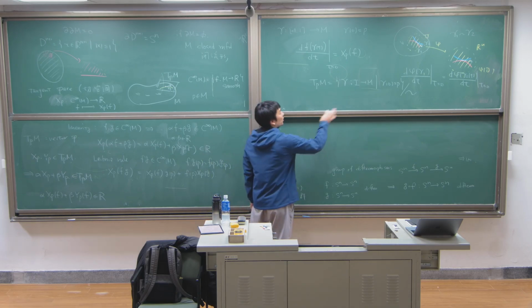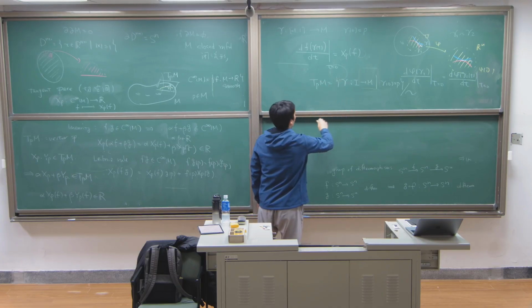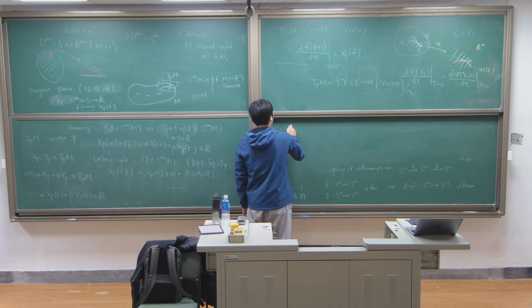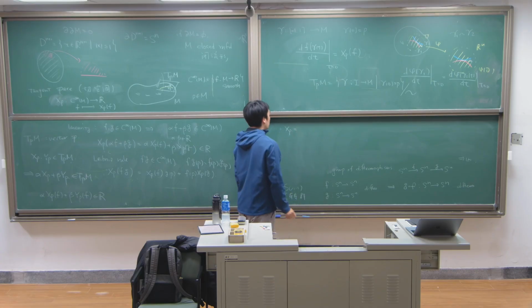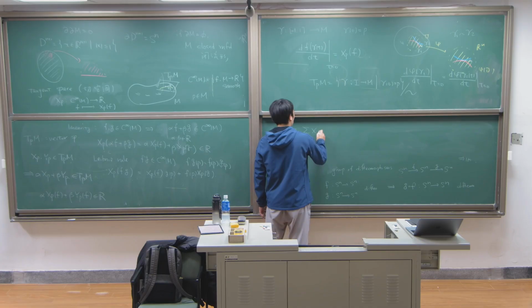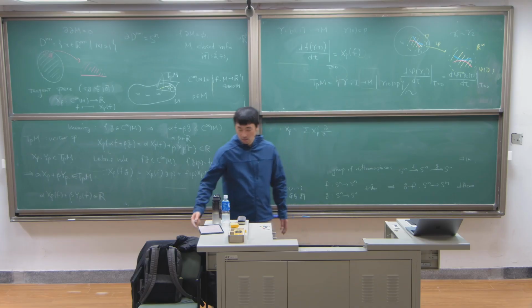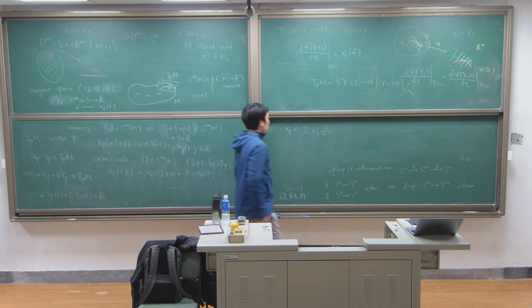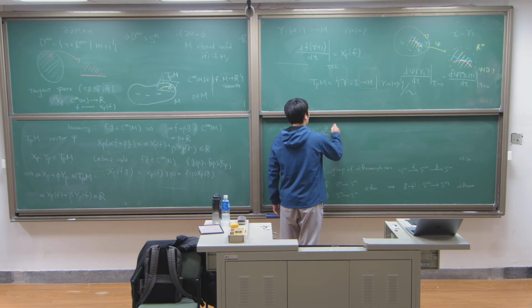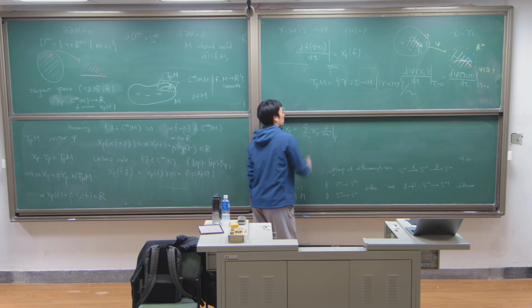So if you write it down this way, Xp can be written as follows: Xi at the local coordinate.